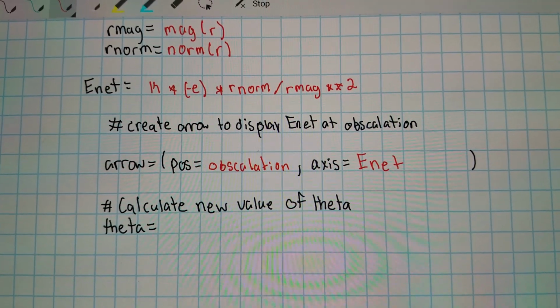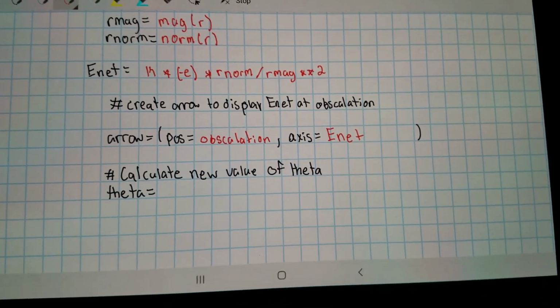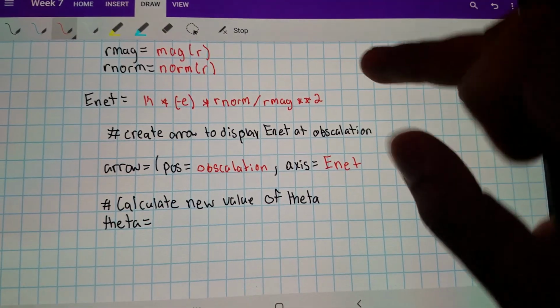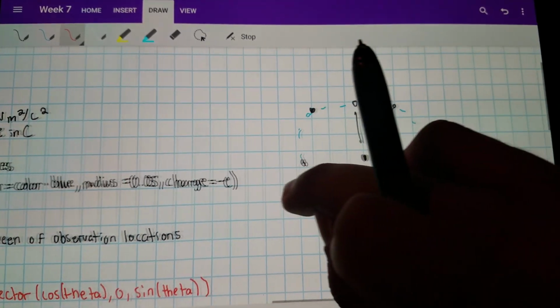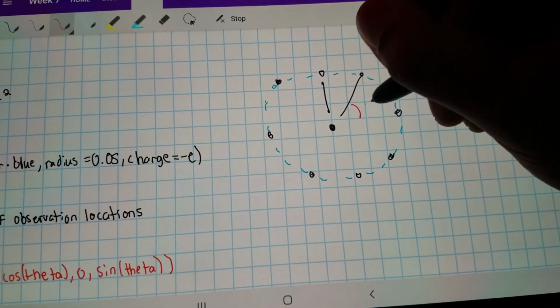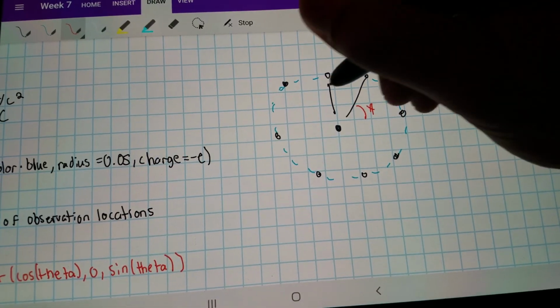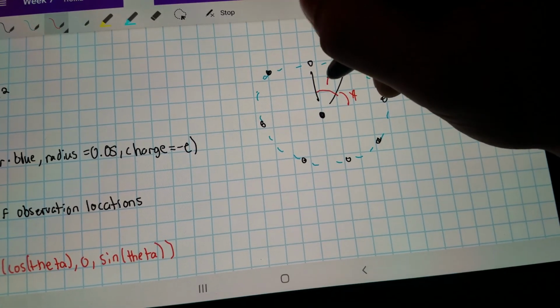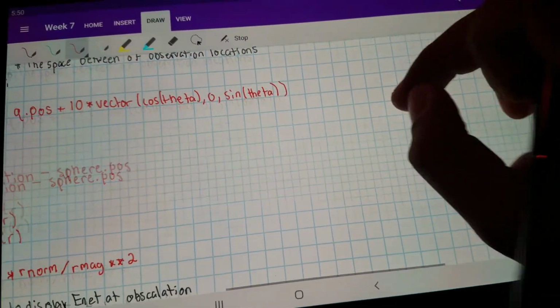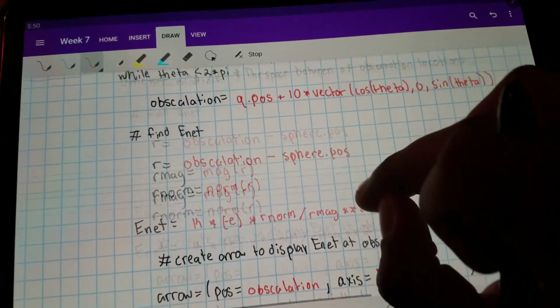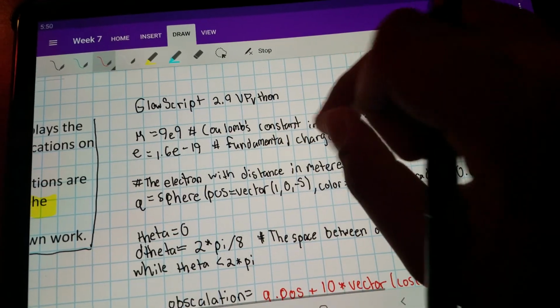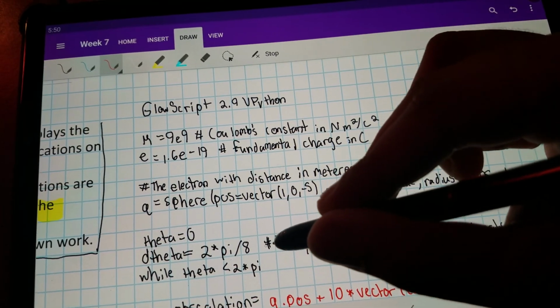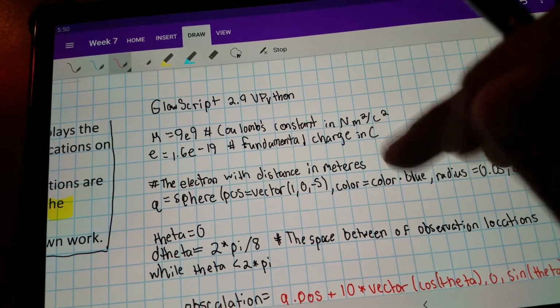And then calculate the new value of theta. So theta is just that angle that we were looking for. If we go back to our image, theta is just going to be like that change. So maybe we're here, and then we're going to go over here, and then it's just going to keep changing. We know theta starts at 0, and d theta is just a calculation from one point to another.